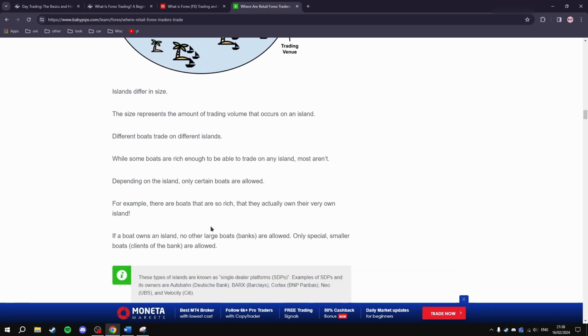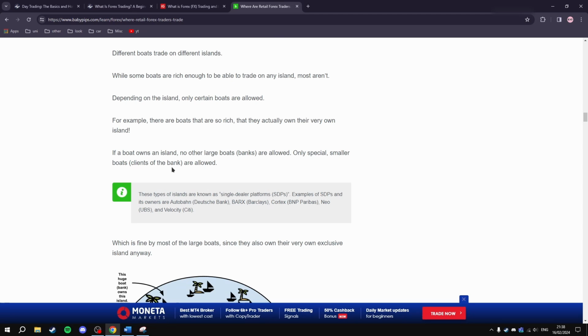For example, there are boats that are so rich that they actually own their very own islands. If a boat owns an island, no other large banks are allowed. Only special smaller boats, clients of the bank, are allowed. These types of islands are known as single dealer platforms.